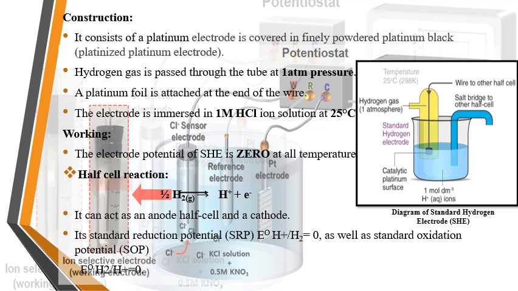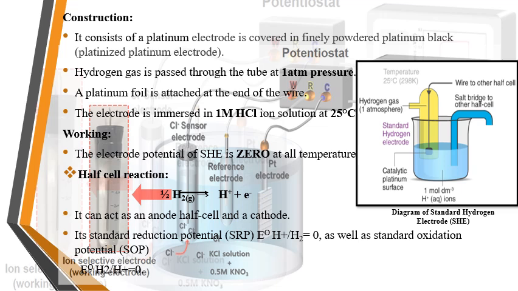The standard hydrogen electrode (SHE) is a reference electrode used in electrochemical measurement to provide a stable and reproducible reference potential. Its construction involves several key components and steps to ensure its accuracy and reliability. Here is a detailed description of its construction.